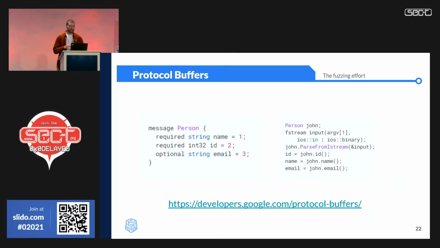In this case, you can see a simple example of a person with three attributes, the name, the identifier, and the email. And by using protocol buffers, you can just encode and decode information by respecting this specification. Anyway, you can read more at the link below.